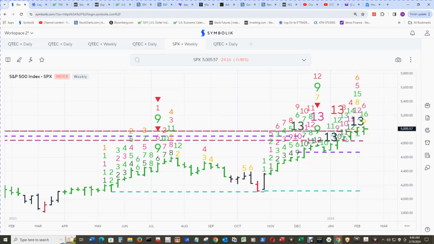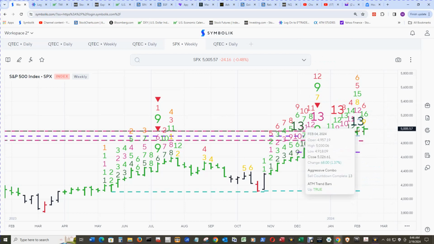Then if it does not close under this level here for a close, 4890.97 for this coming weekend, then next week the high drama starts, as we'll have a recycle count sell setup 17 printed, and I have my recycle count to 18 where it's set at.